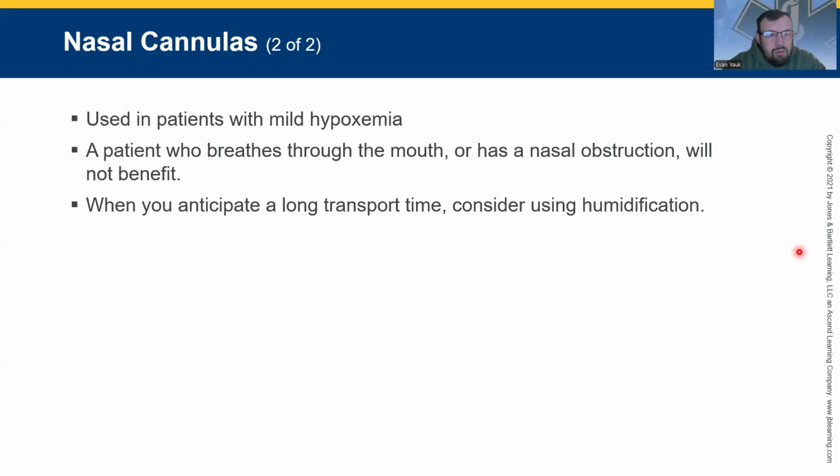When you anticipate a long transport time, consider using a humidifier. So if we're blowing oxygen through a nasal passage, our nasal passages dry out very quickly. If you remember, we use those to warm and humidify oxygen when we breathe in. So sometimes if you're going to be looking at, I'm going to say 4 hours or more, you're going to want to put them on a humidifier.